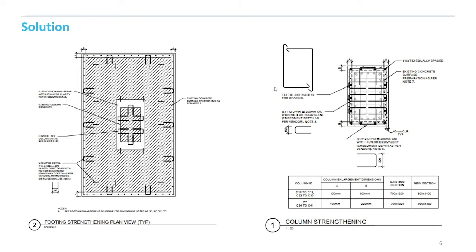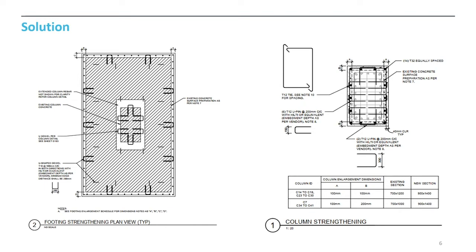The widening, how much strengthening or jacketing should be done, was provided as per Indian code as well as what our ETABS model suggested. The same was required for the footing. At some locations we needed to widen the footing, as you can see in this plan, because of the addition of 2 floors.